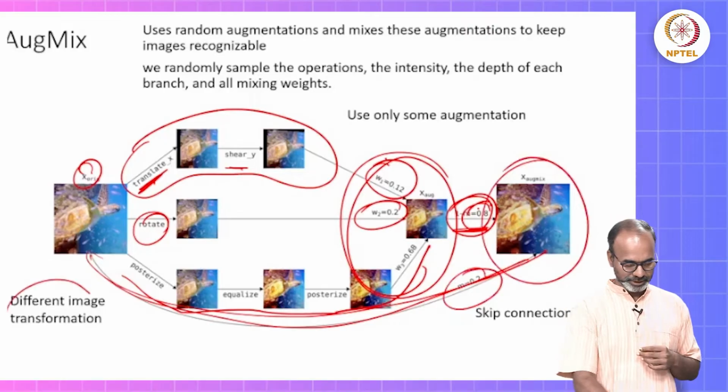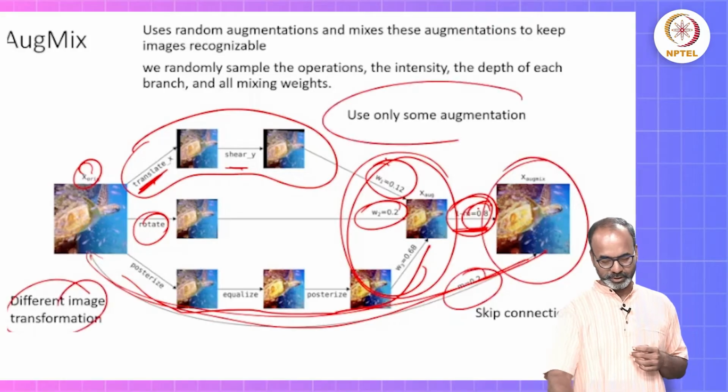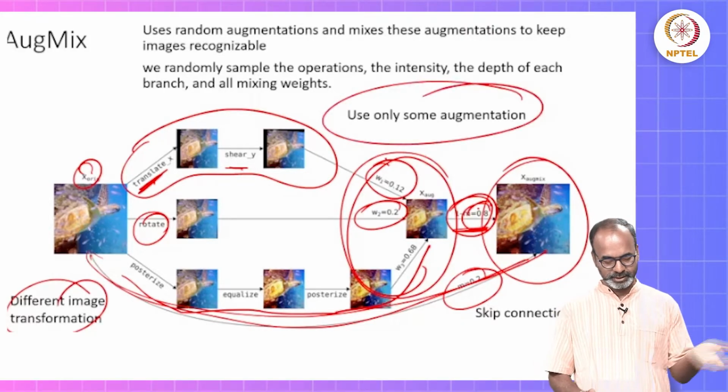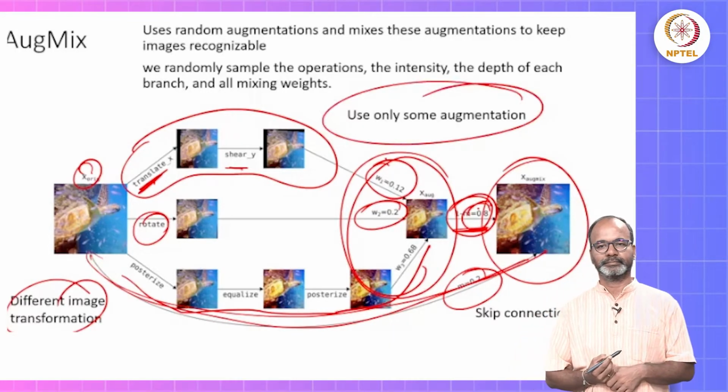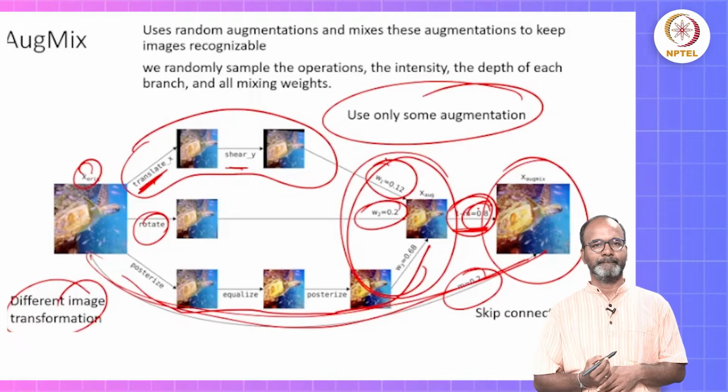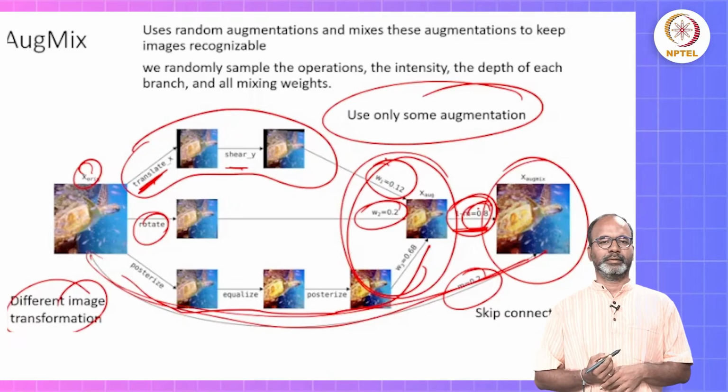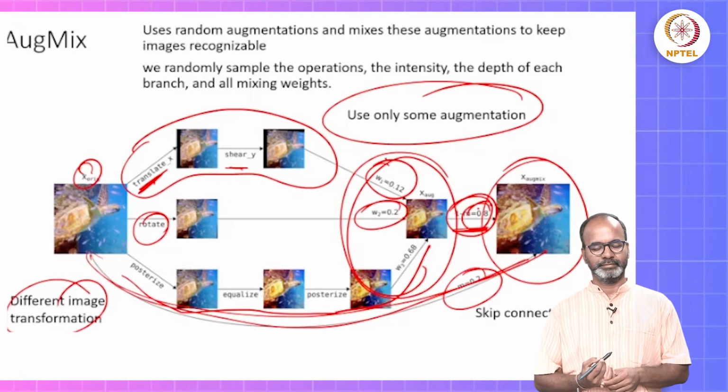Use different transformations, use only some augmentation methods, not all augmentation methods that are available. Does that make sense? Hopefully that helps you understand how AugMix works.